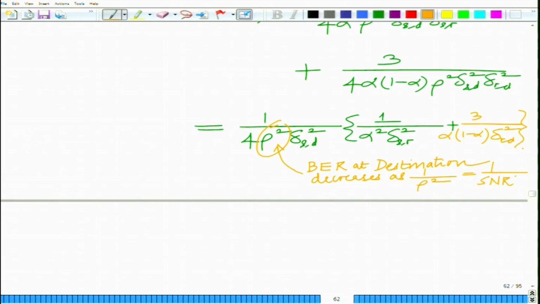What is SNR? SNR equals P over sigma square.